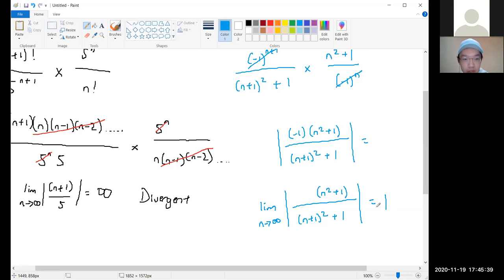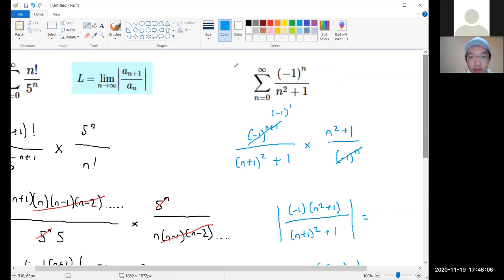Okay, what does that tell us? So according to the ratio test, what does the limit of 1 say? So yeah, ratio test says if the limit is 1, then it's inconclusive. So the ratio test failed here, unfortunately. But that's okay. So we just need to use another test.